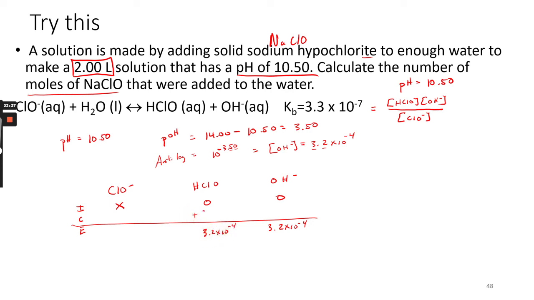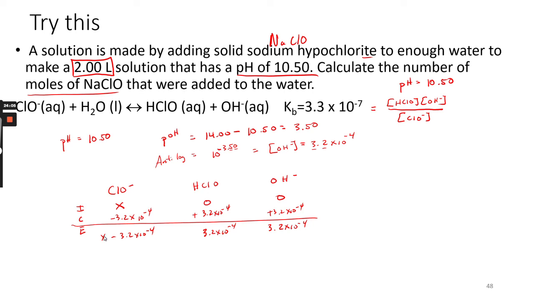So that means if this side is getting added, this side must be getting subtracted. Okay, so now we know our equilibrium concentrations with our x here.